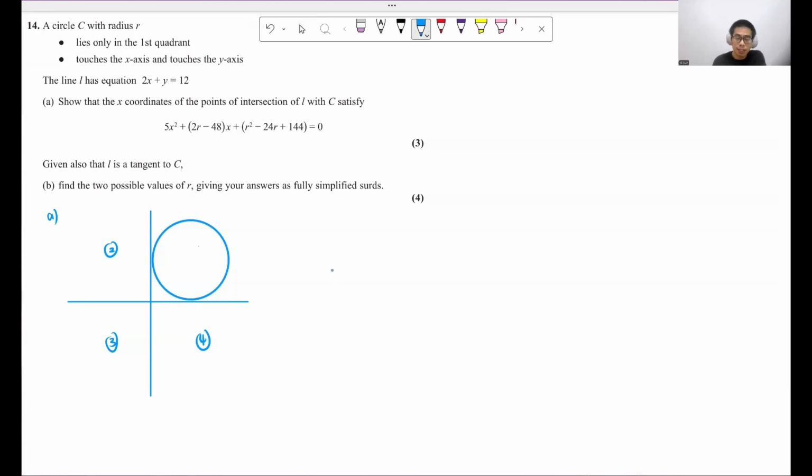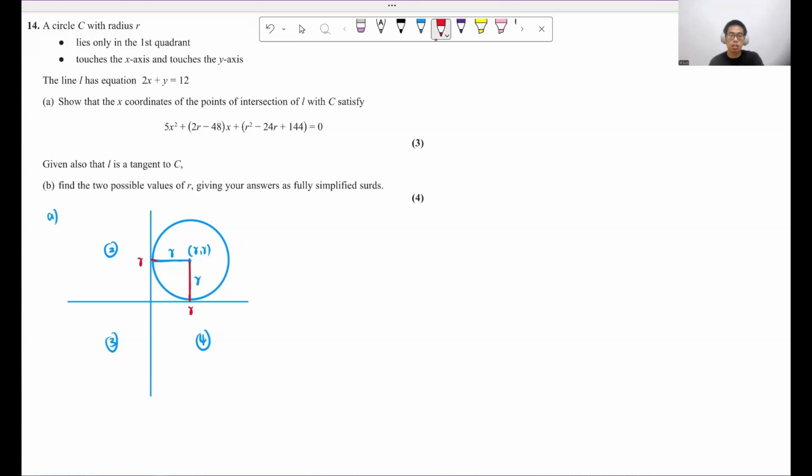So both the x-axis and y-axis are tangents to the circle, and the radius is r. If that's the center, this length will be r, and this length is also r. Which means the center of the circle has to be (r, r), because if this length is r, the x-coordinate has to be r, and if this length is r, the y value has to be r.